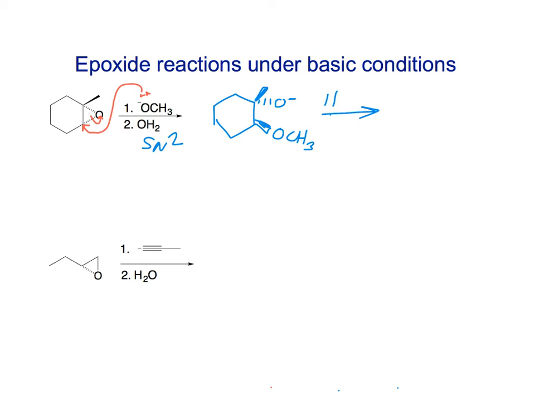And so if we treat this like in our second step with water, it can simply protonate this alkoxide to give us an alcohol for a product.